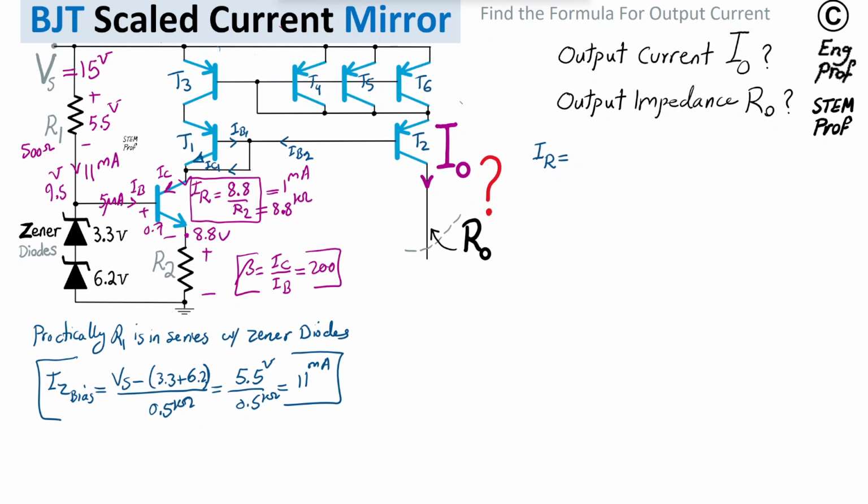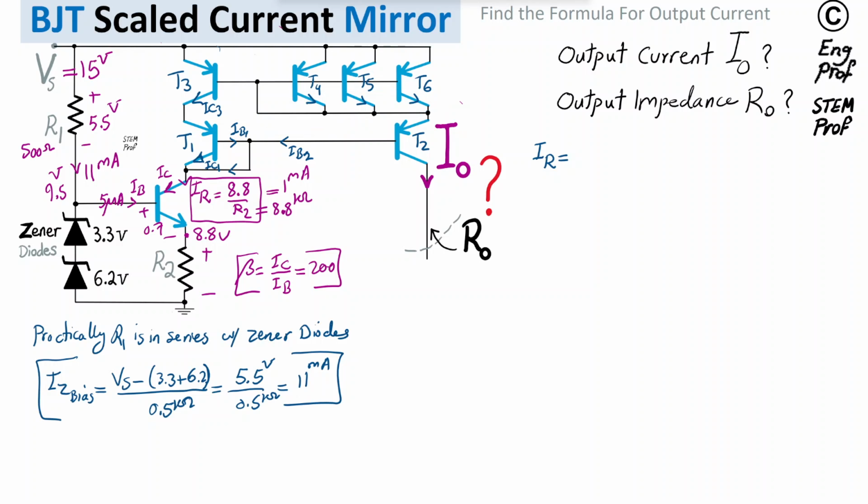So if, for example, T3 has this current, IC3, then we expect that it would be the same collector current for these. So that's the nature of the current meter of the matched transistors. And then approximately, we are hopeful to say that the collector current for transistor T2 at the output, basically I out, is approximately the sum of these three currents.